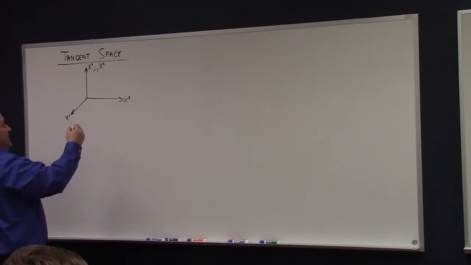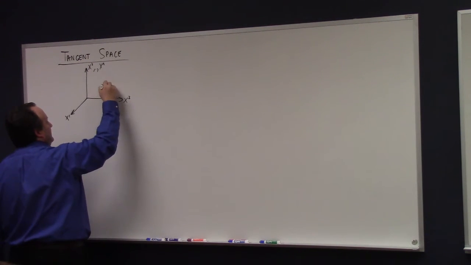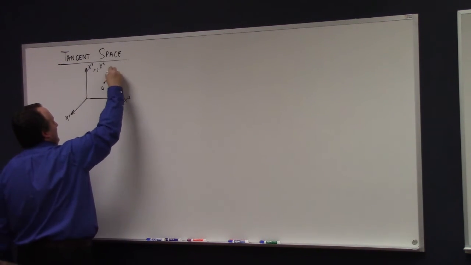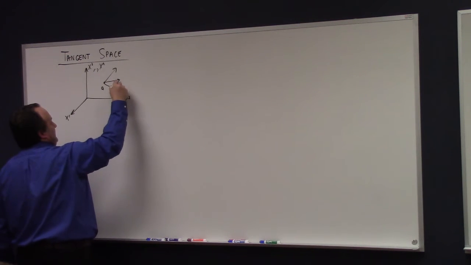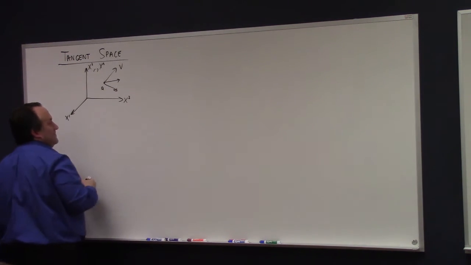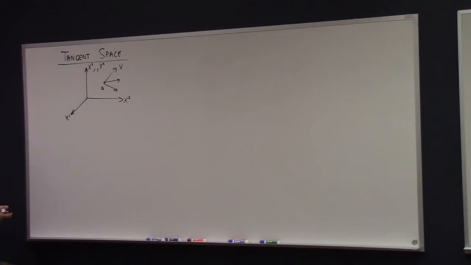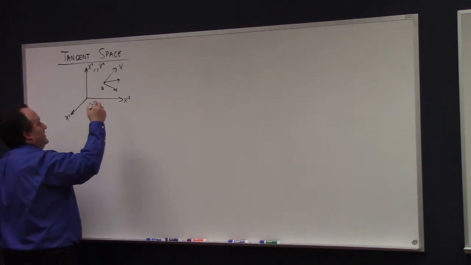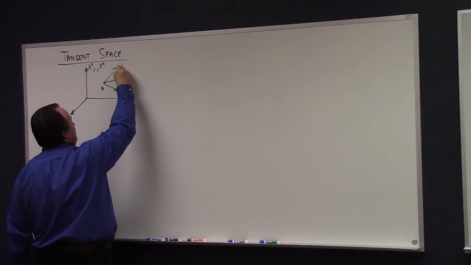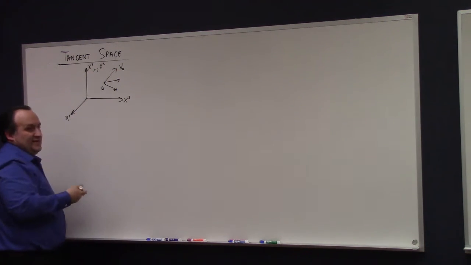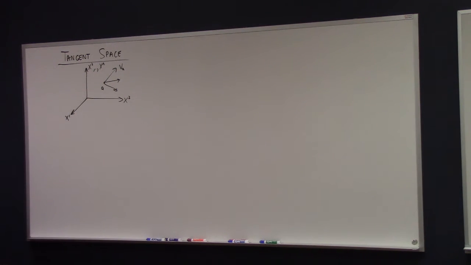Then you can imagine picking a point, like A, and then attaching vectors to that point. So we maybe put a little v sub A to indicate that the vector is attached to the point A, right?